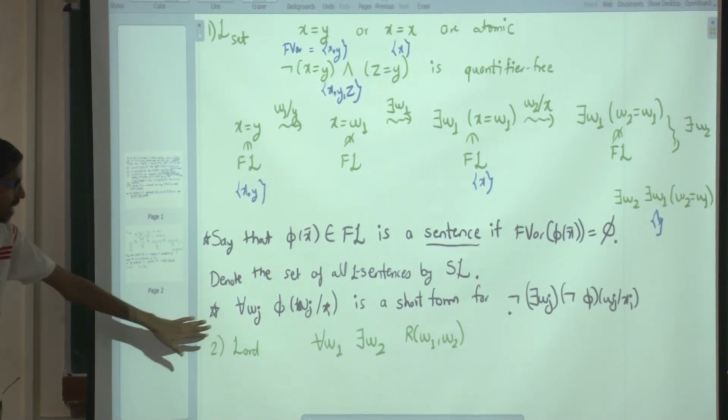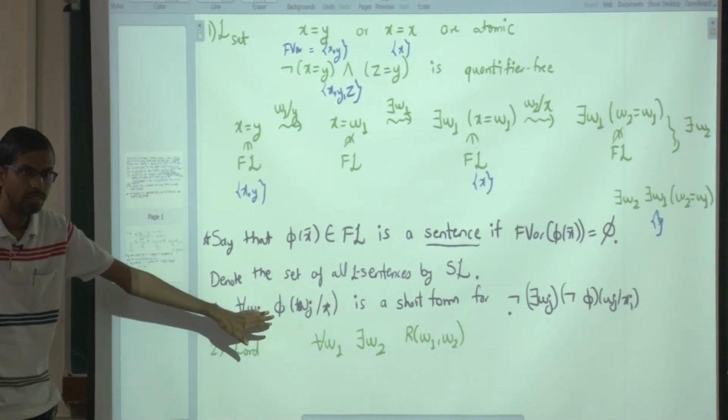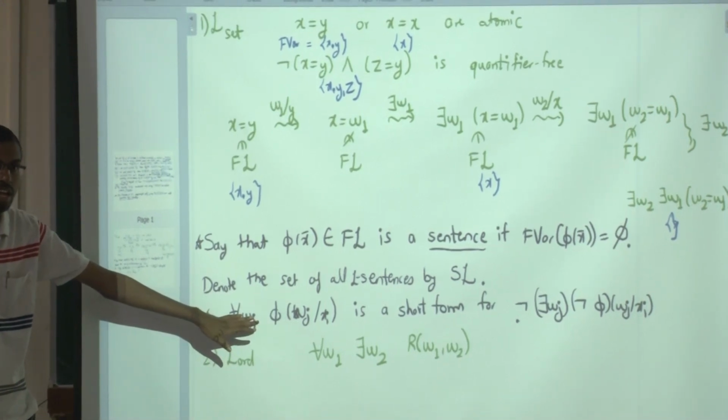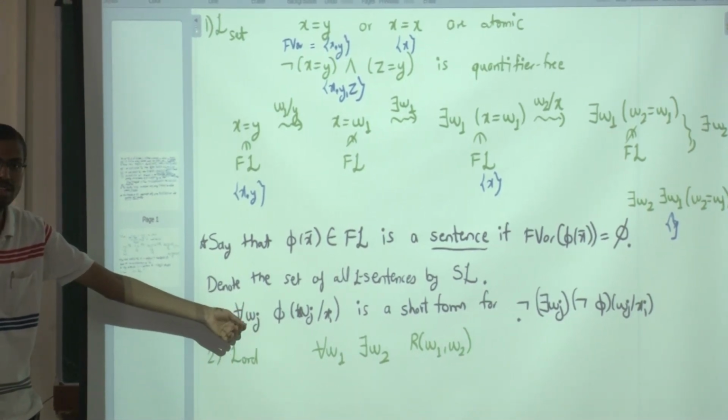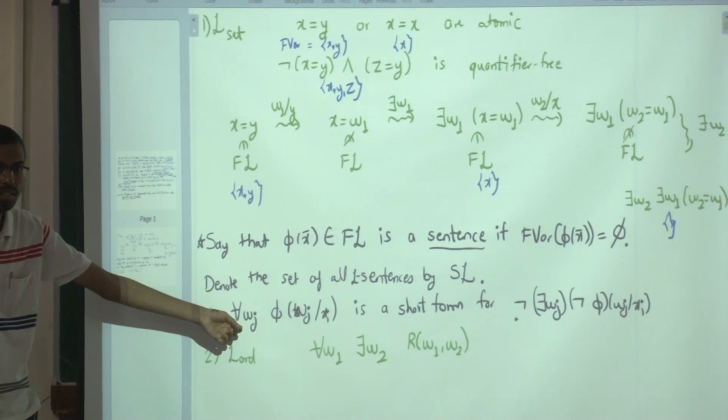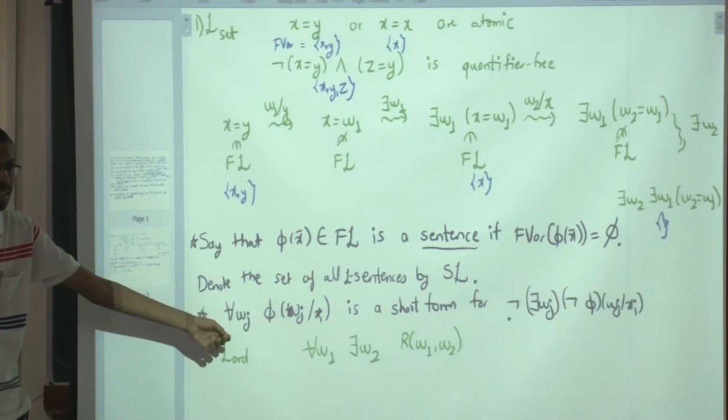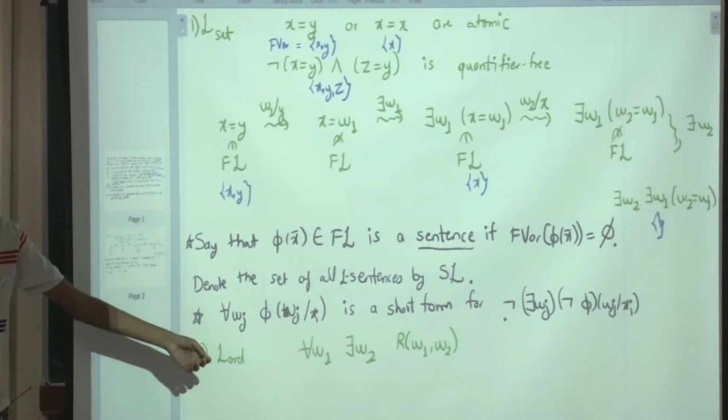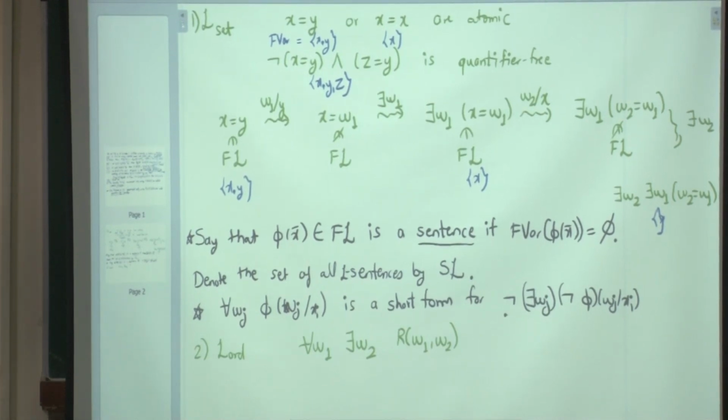Now this one expresses that. Can you see that? What should be R here? Less than. For all W1 there exists a W2 such that W1 is less than W2. So this is a sentence.